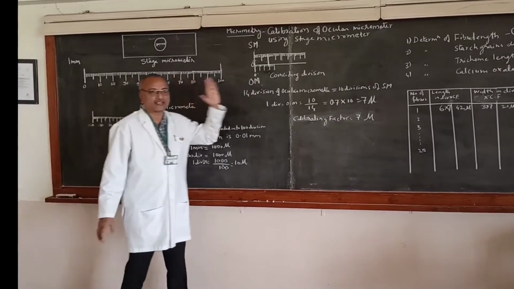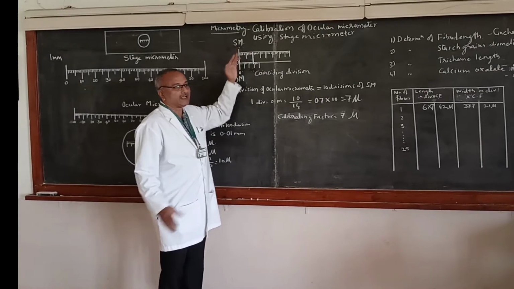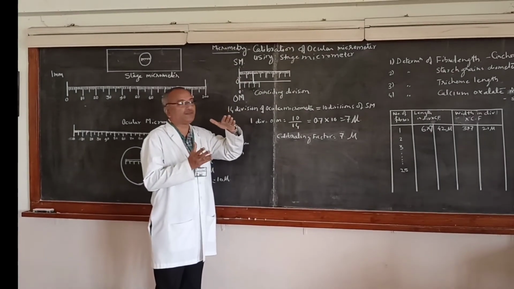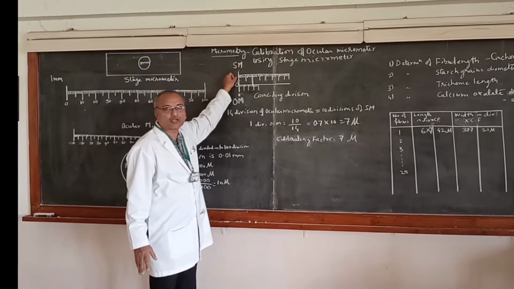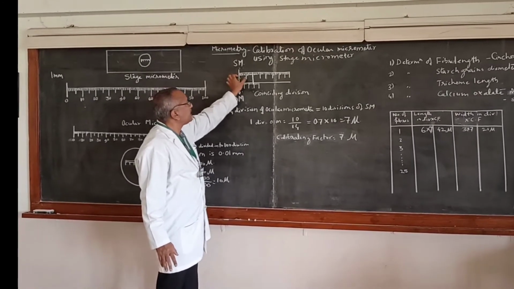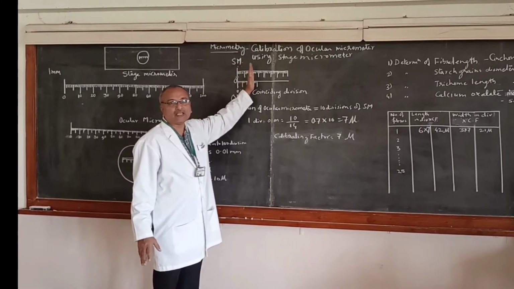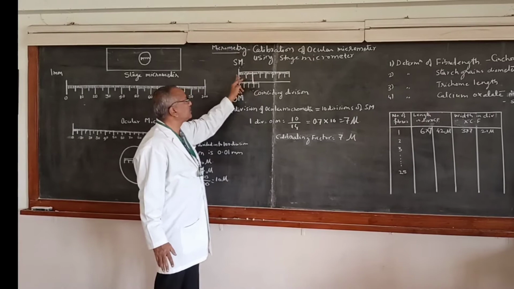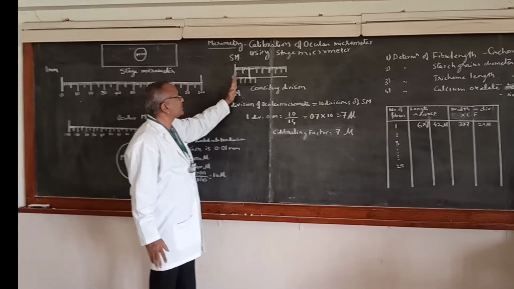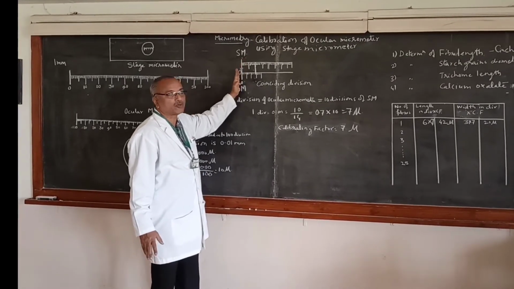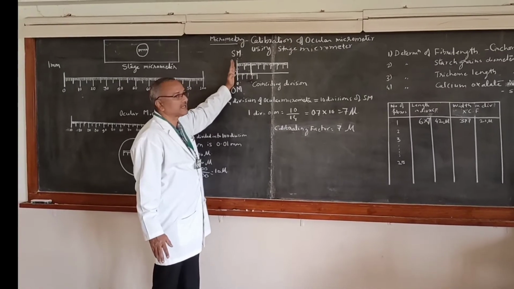Let us come to the procedure, that is how we calibrate the ocular micrometer. We have to adjust the stage micrometer as well as the ocular micrometer in a superimposed position. The first edge, either 0 of the stage micrometer or any of the divisions, whichever makes it easier to measure, you can go for 0 or 10 or 20 like that. Then adjust the ocular micrometer to one of its units and make it the first unit.